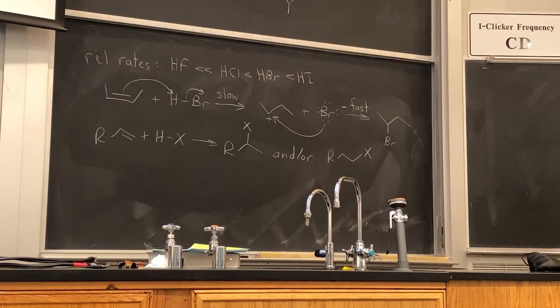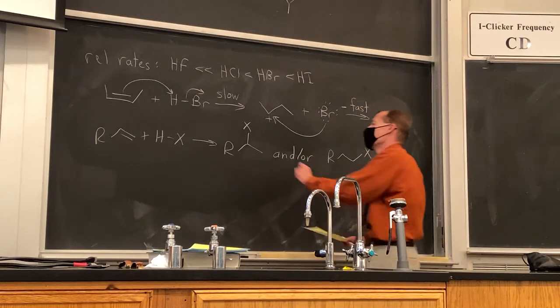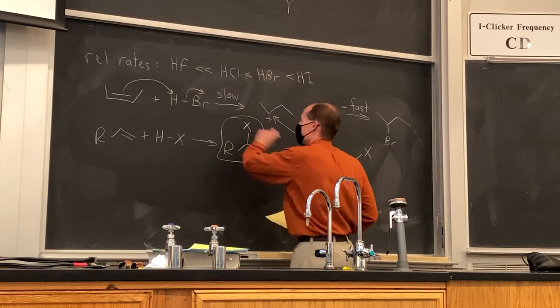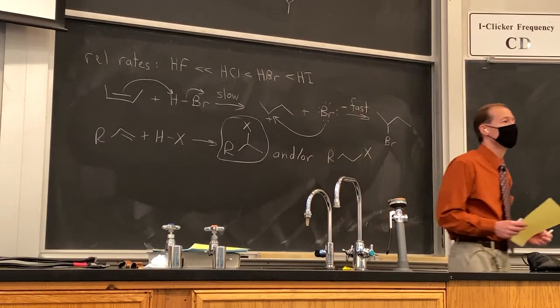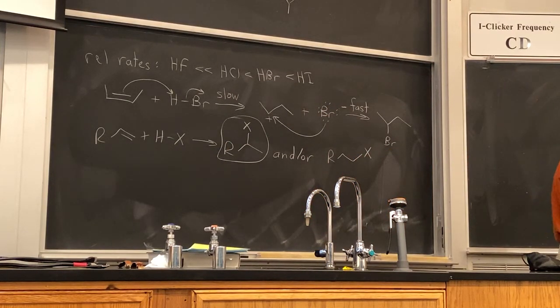Will there be a major product? And if so, which one? Yes, please. Yes, this one right here. Okay, so the more substituted alkyl halide is going to be our major product. Why? Yes, go ahead. Because then the carbocation intermediate is going to be on the more substituted carbon.